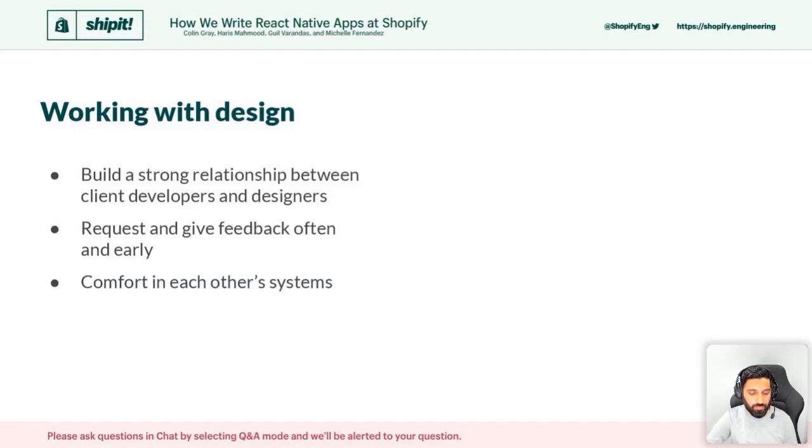Something else that we like to do is build comfort in each other's systems. What I mean by that is, as developers, we like to familiarize ourselves with Figma and any other design tool that our designers like to use, to be able to give feedback in those tools, to be able to easily navigate between the different artboards and projects, so we're able to talk to them where they work.